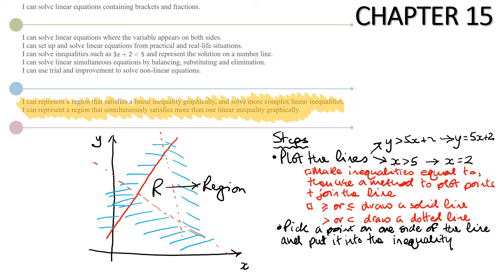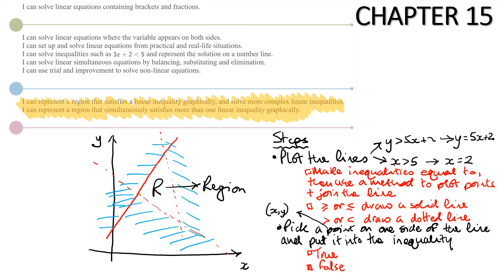When you put that point in, you pick a point, you'll get a value of x and y. You put that value of x and y into the inequality, and you want to find out, when you put it in, you'll either get a statement which is true, or you'll get a statement which is false.